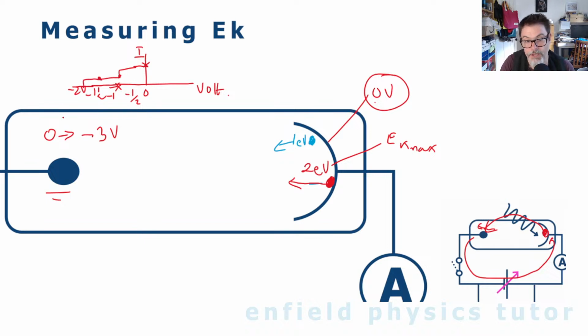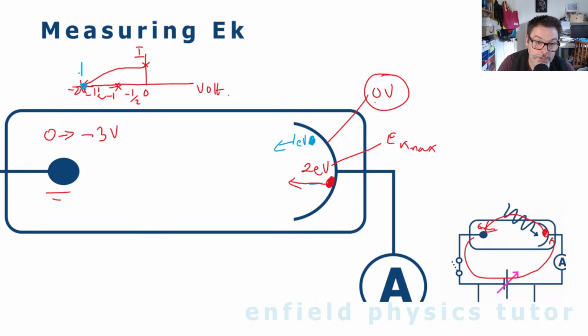Now obviously I've only shown 2 electrons. You won't have 2 electrons, you'll have millions of electrons. So what you will get is actually a rather fine curve, something like that. And at that point there where the current becomes 0, that is the point where you have just stopped the most energetic electron.